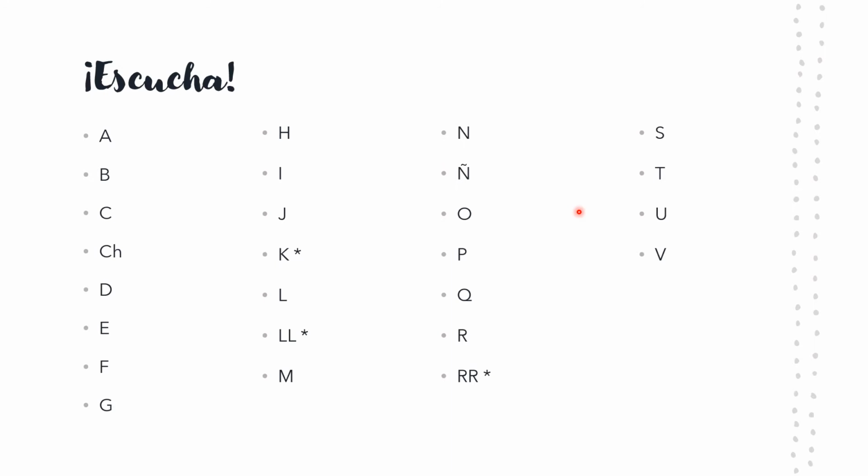Be. This, however, is not a different sound. This letter right here, be, is the exact same as this. Be, be, be. This is one of the most common misspellings in the Spanish language, especially among natives, is to put a V where there should be a B or a B where there should be a V. Just like in English, I don't know about you, I'm not a great speller in the first place, and then English is extremely difficult to spell because of all of the fun little language rules that we don't follow.